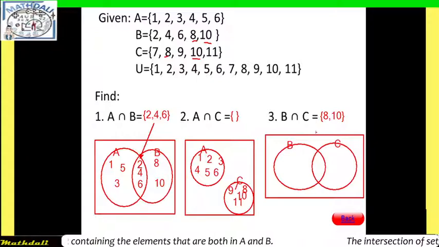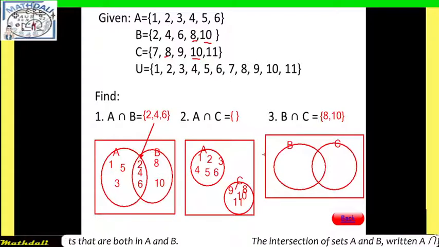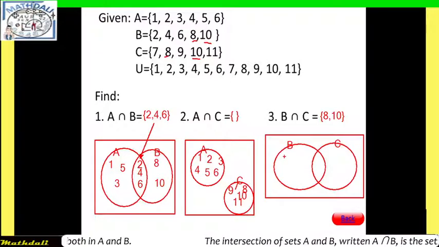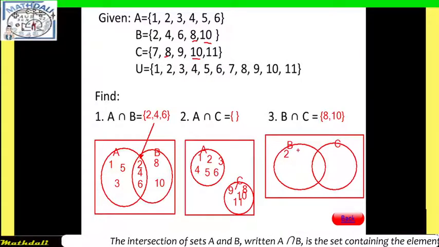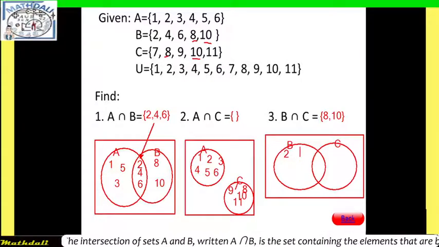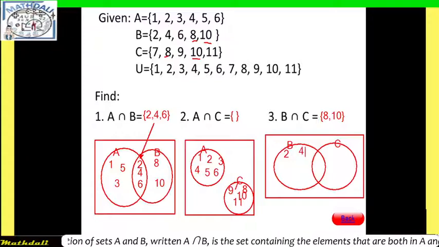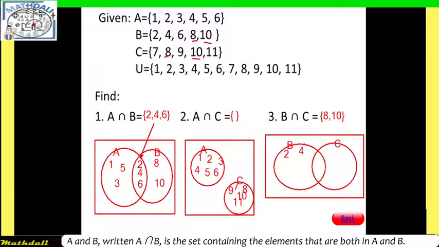Okay, so identify natin yung mga element ni set B. Okay, so meron tayong 2. Then we also have 4. Then we also have 6.